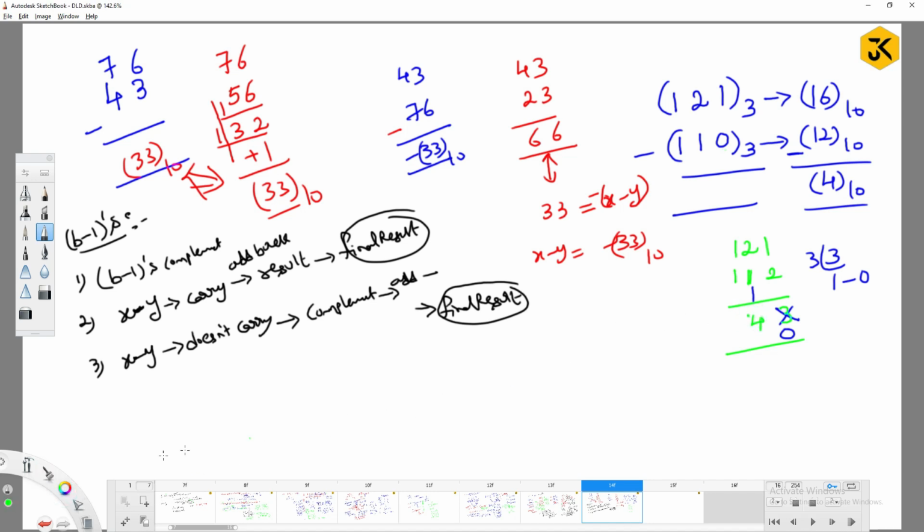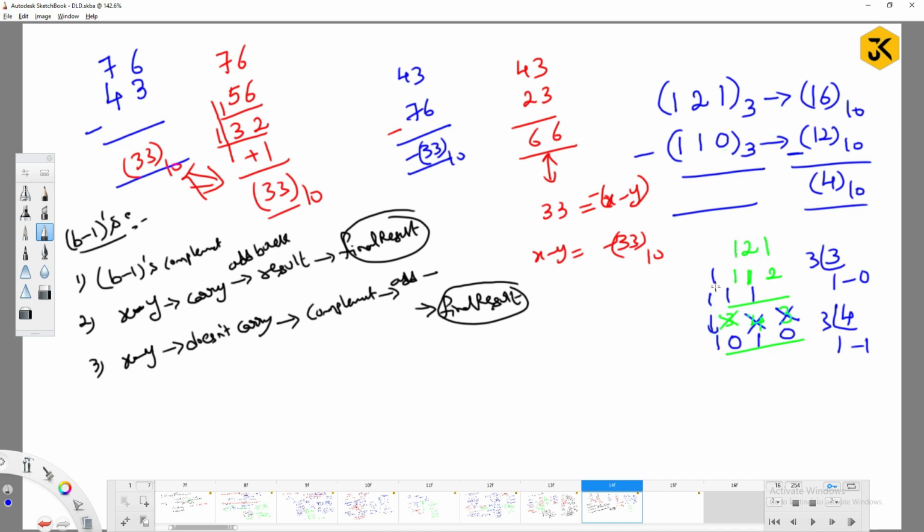Then you have to convert into base 3 format again. 4 in base 3 is 11. Now you got 3, but 3 is not available either. So you have to modify it with the base 3 system, that is 10. See, 1 is a carry, which I made directly here.